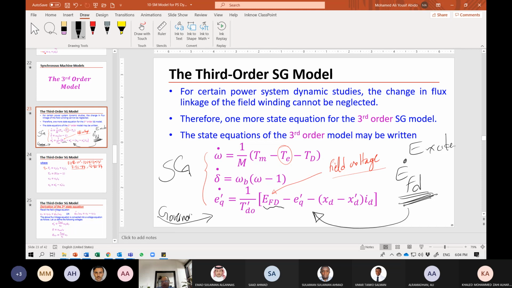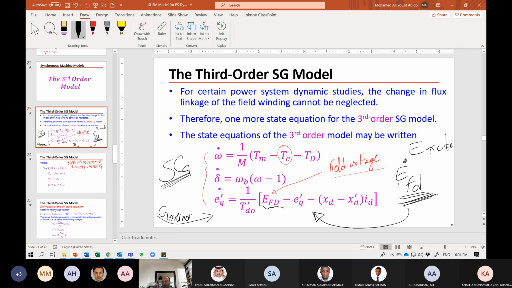We now have a synchronous machine, and this synchronous machine will be considered here as a third order model. In addition to the synchronous machine, we have an exciter. This exciter could be added here as one equation. Of course, we have several types of exciters, but the simplest one we consider as first order, so we have only one differential equation.